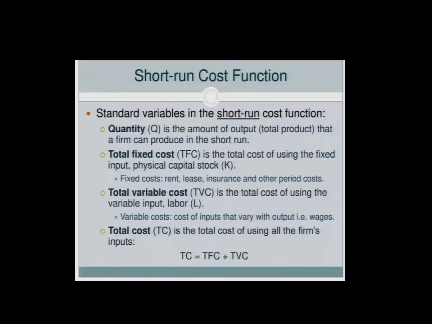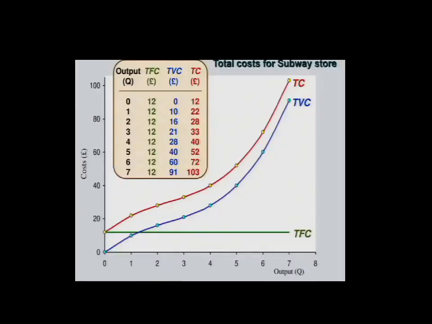So I'm going to move on now, if everyone is happy with that definition, no questions. So this is the behavior of costs now. The green line here is flat because it's fixed cost. No matter how many units of output we produce, the cost remains the same. We still have to pay the insurance company and the utility bills, assuming that we use more or less the same amount of electricity and heating.